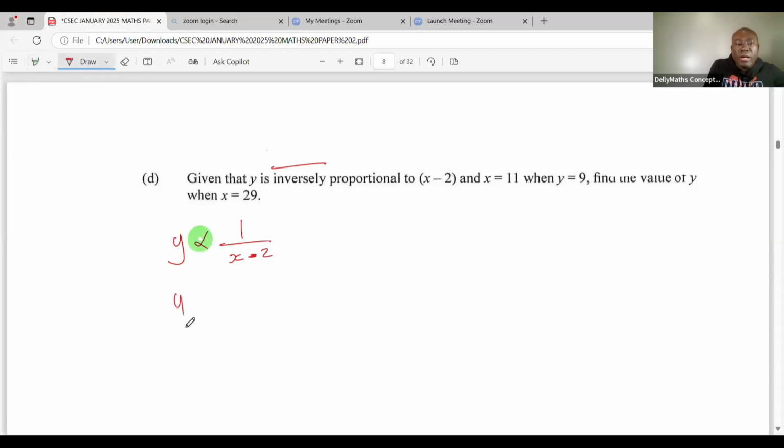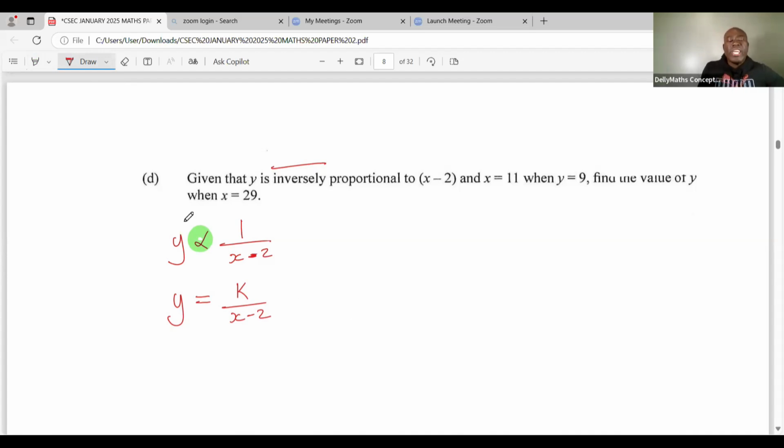We're going to have to use an equal sign to solve the problem, so the proportional symbol here is gone. We're going to put an equal sign and the constant of variation, which I'm calling k, and then we put the second variable here. So this is the equation that will be used to solve anything that relates to this question.